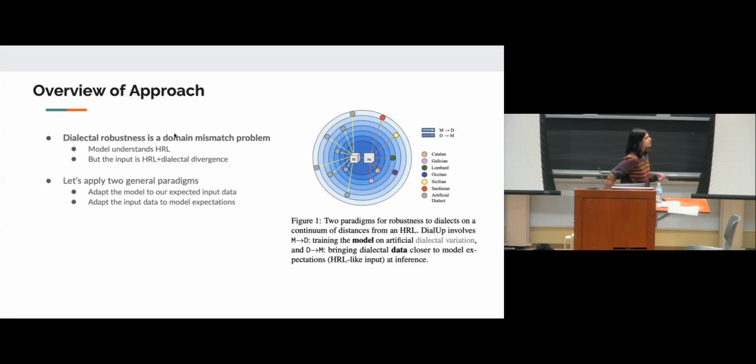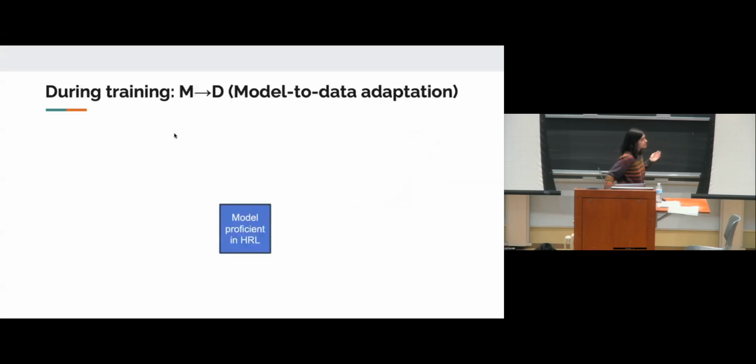We could either make the model familiar with these dialectal mechanisms of divergence, or we could take the input data and try to remove this divergence in some way at inference time. We call the first method MTD, model to data adaptation, and the second one DTM, data to model adaptation.